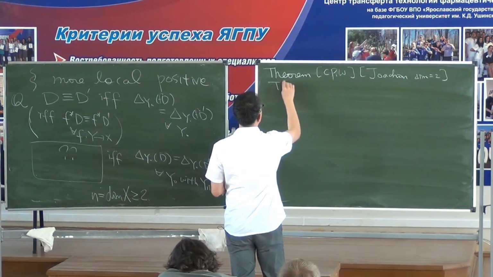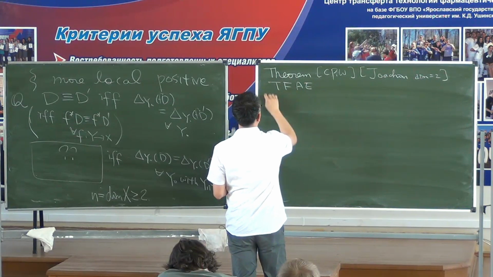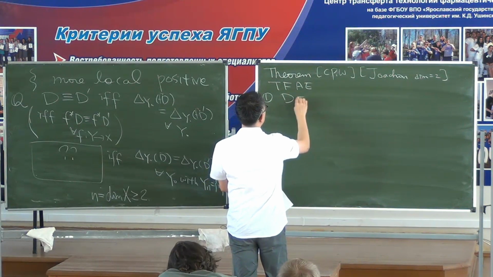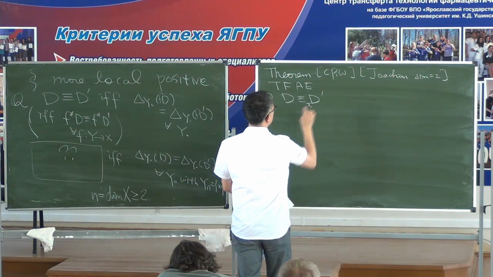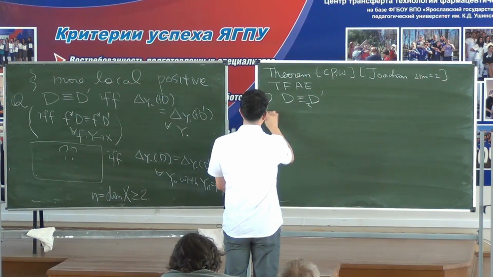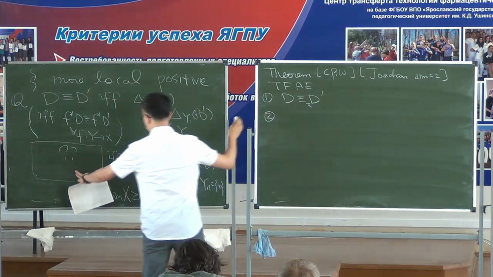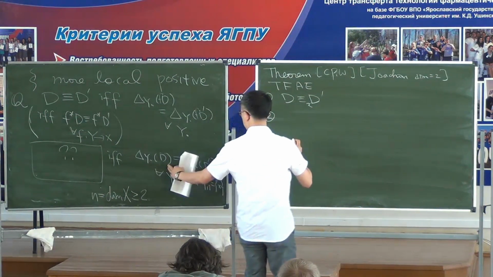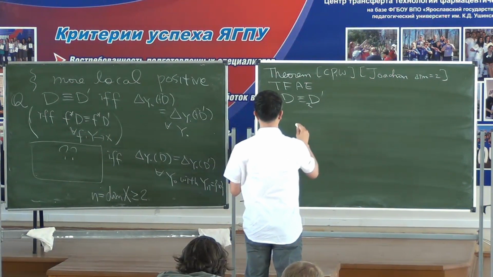And the following are true. 1, D and D prime are numerically equivalent near X. So actually this is the answer for this. Yes. So this comes here.